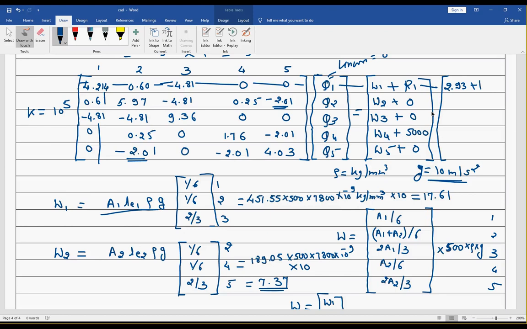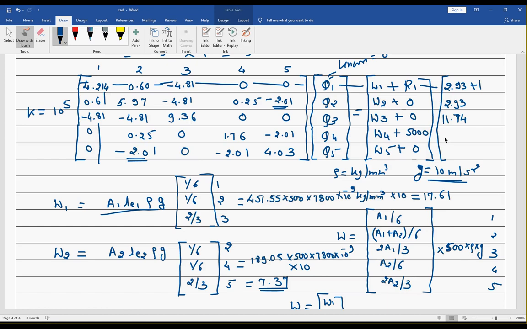I'm using only 2 decimal places, 2.93. This will also be 2.93, and for W3 that will be 2 by 3 of 17.61, so it will be 11.74.